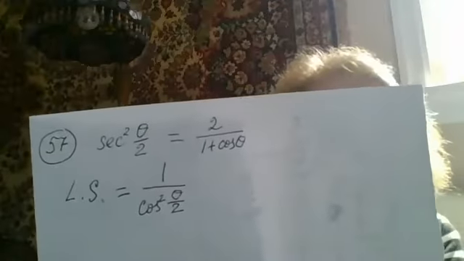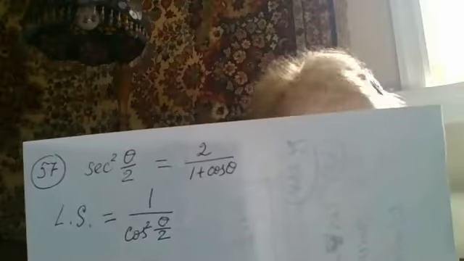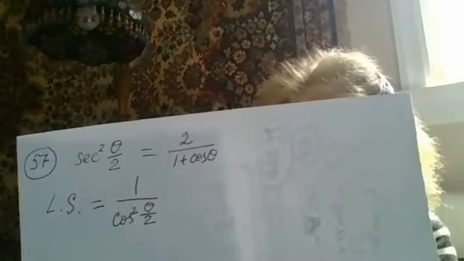Definitely we can, because in the first power they are reciprocals, which means in any other power they also will be reciprocals. And look what I wrote: the left side equals 1 over cosine squared theta over 2. I showed you so many different formulas. Can you look at formula number 7?